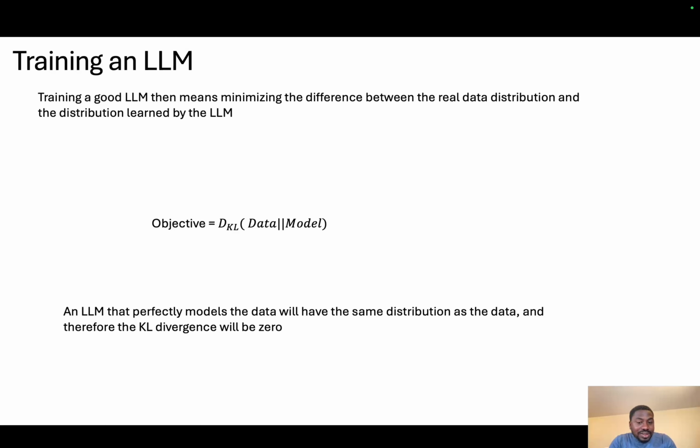In a perfectly trained model, given some finite data, this KL divergence should tend towards zero, but it will never be exactly zero, because there's always going to be some amount of KL divergence between your data and your model. It will always tend towards zero if your optimization is good.